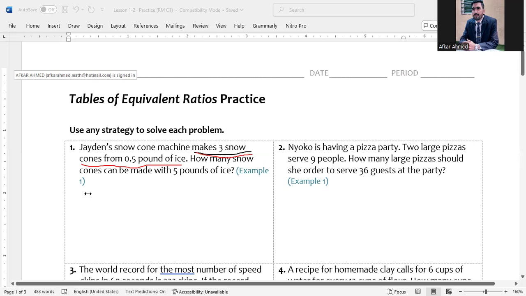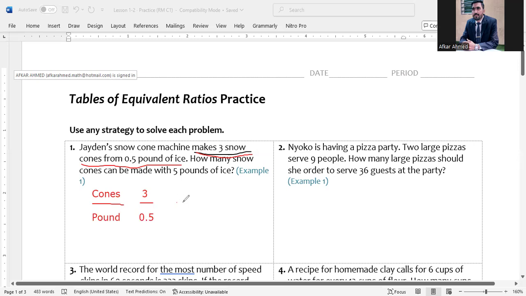Fraction number one is how many cones we can make: three cones by how many pounds of ice, 0.5. I can make this one in the fractional form. Here I'm writing these names to avoid any confusion. So the first fraction, how many cones? 3, and how many pounds of ice is 0.5.